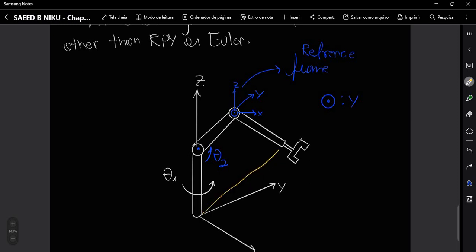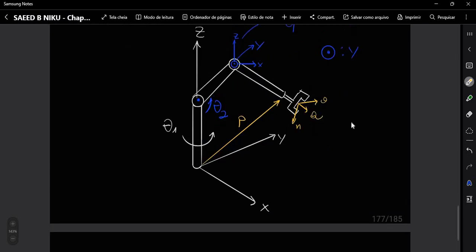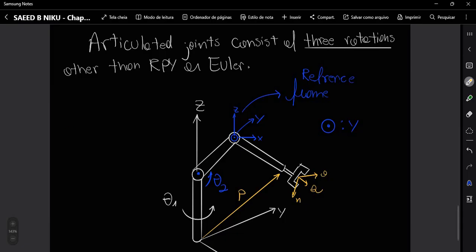Okay, and again, something that we have been doing since the beginning of this series. We have this vector, and we name this vector as P. And right here we also have this reference frame, this moving frame, E, N, and O. So remember that these frames we represent with a matrix.